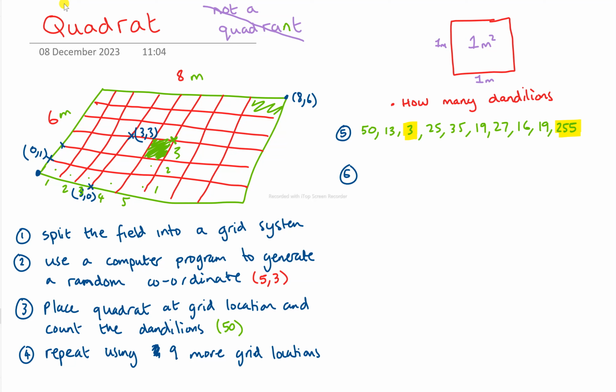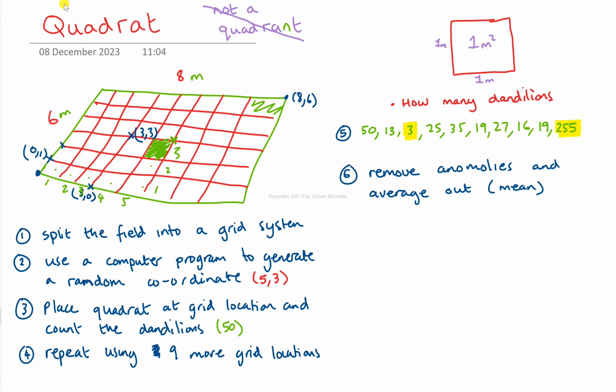What we do is we remove anomalies and average out, and we find the mean.